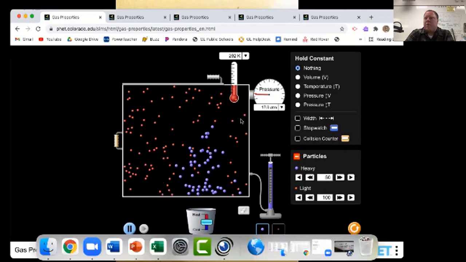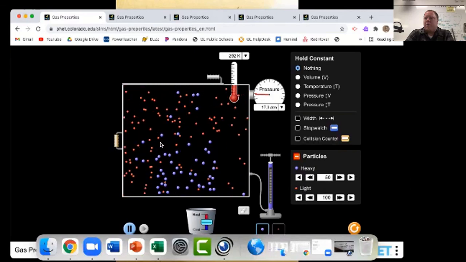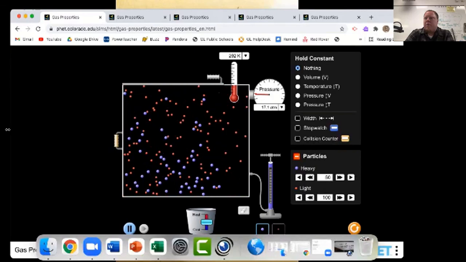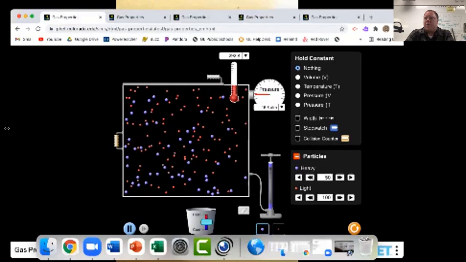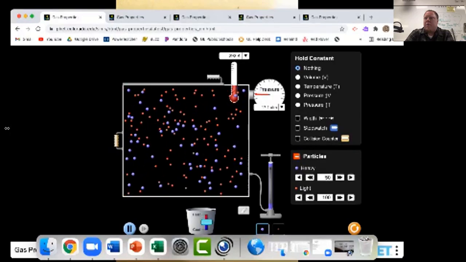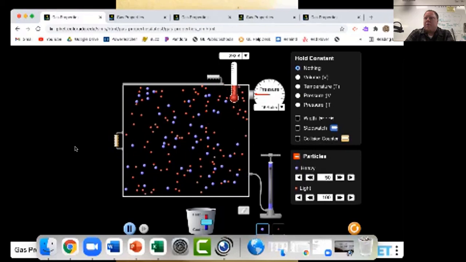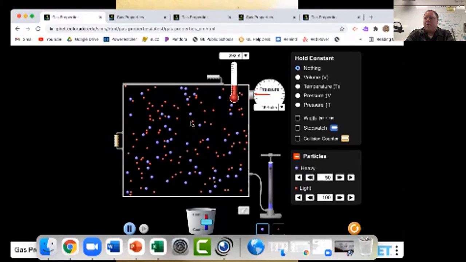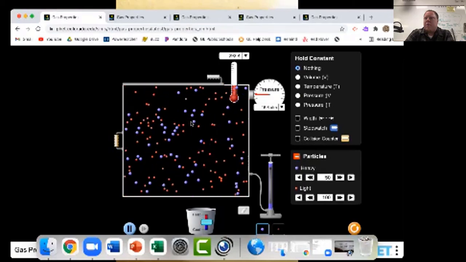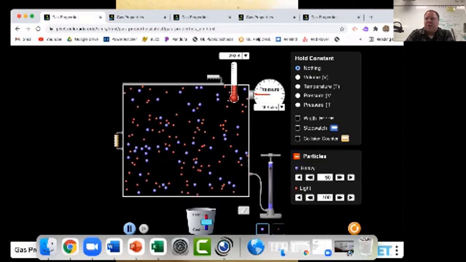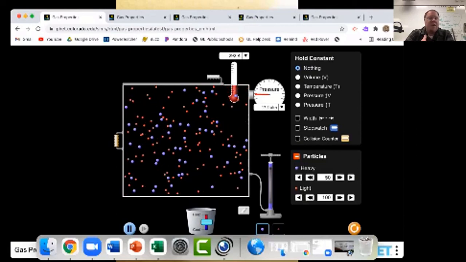If I have two different types of gases inside a container, the pressure is them colliding with the walls, okay? And because they're not really touching, I mean, they bump into each other occasionally, but they're not really connected, the blue runs into the walls and the red runs into the walls, and they're kind of independent of each other.